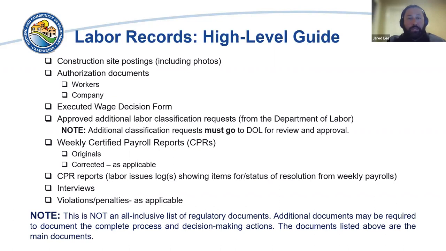So you normally see issues such as restitution and any violations of some of those particular requirements, such as overtime violations, things like that, in that type of log. And then you would have the HUD employee interviews. Those are interviews conducted throughout the course of the project to ensure that the laborers on site are really receiving what they are supposed to receive in accordance with labor standards.